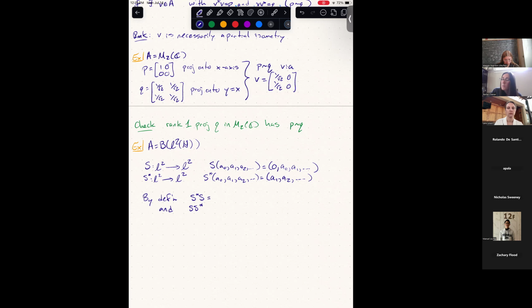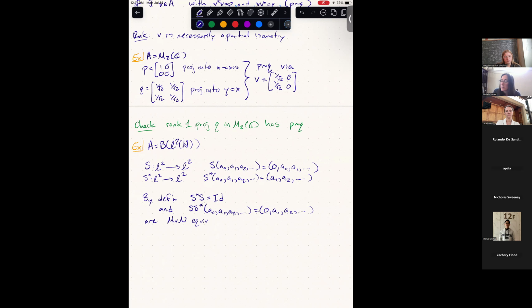What these two projections are, you can check: S star S is the identity, and S S star takes a sequence A0, A1, A2, and so on, and sends the A0 term to 0 and just fixes everything else. So it's projection onto an infinite dimensional subspace of little L2. So by definition, these two are Murray von Neumann equivalent.